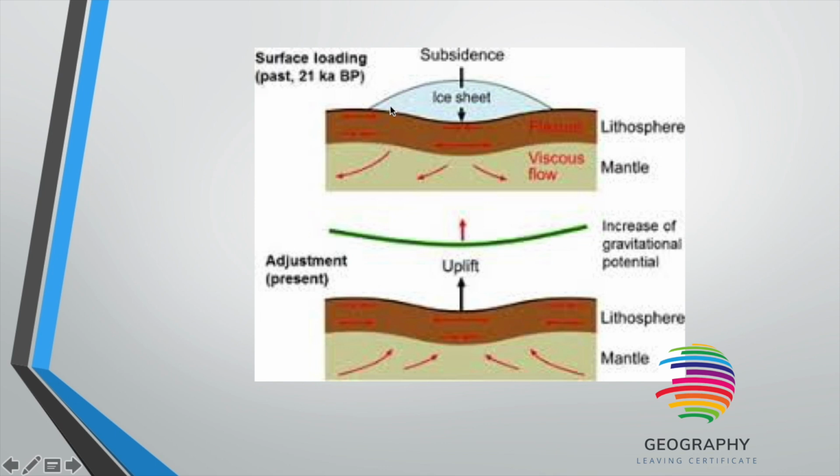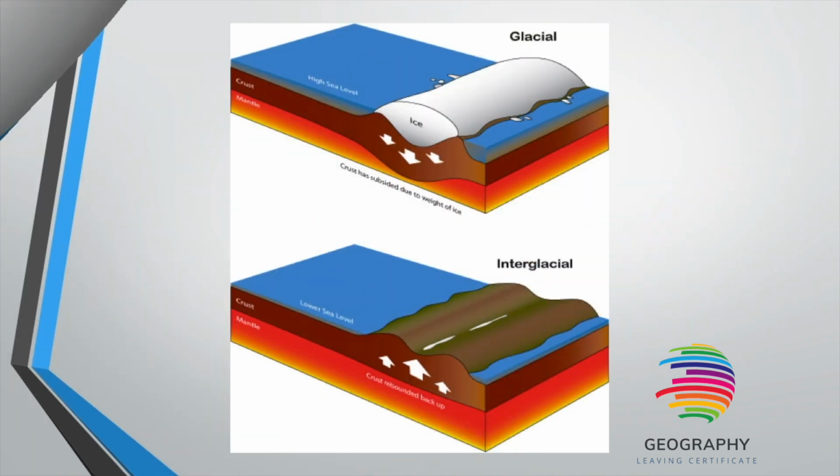If, for example, we have ice sheets pressing down on the Earth's crust, it causes that lithosphere to be pushed down into the mantle. When the ice sheet then is removed, uplift begins to happen.